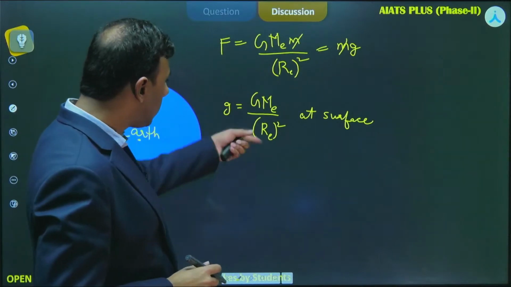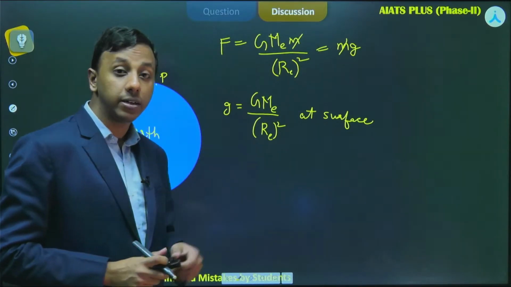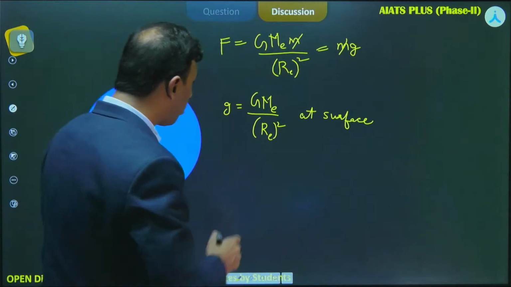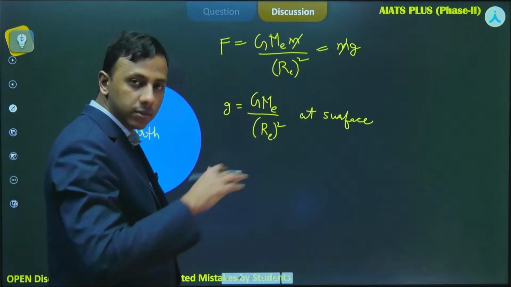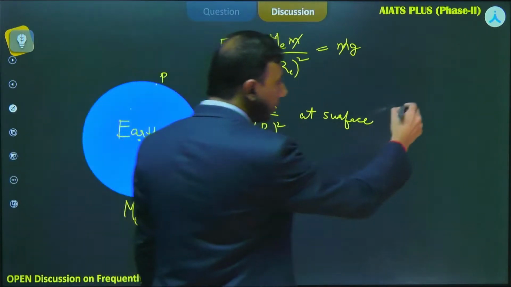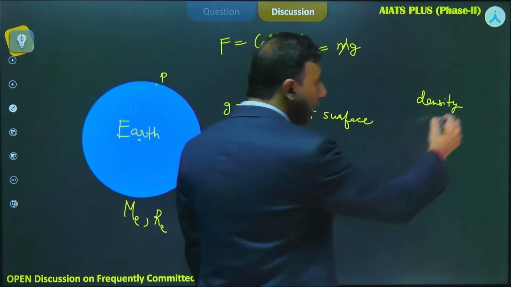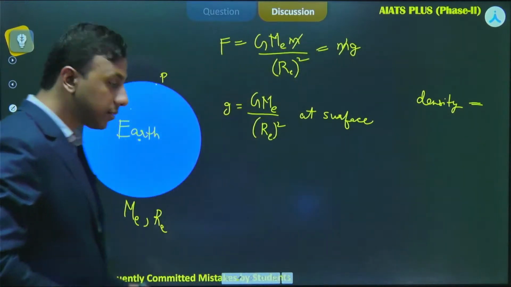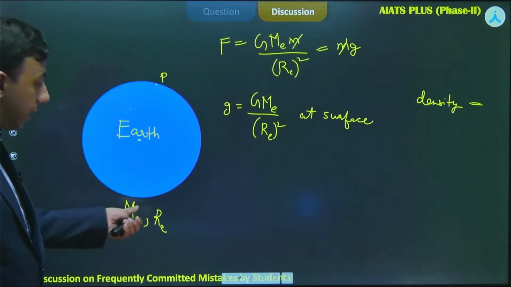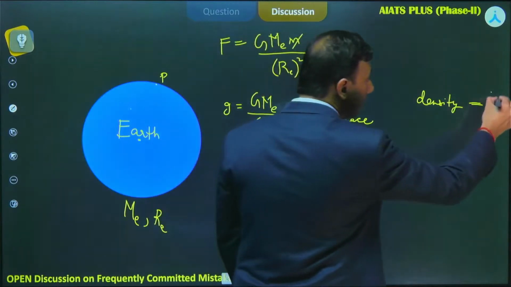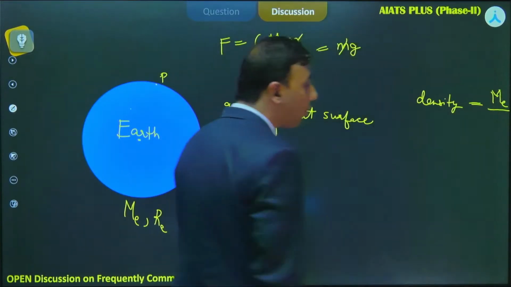All right, now can we find another expression, let's say in terms of density? So what we have to do is convert this mass in terms of density, right? So density, remember, is mass upon volume. Mass is Me, radius is Re. So density is mass of Earth upon volume.